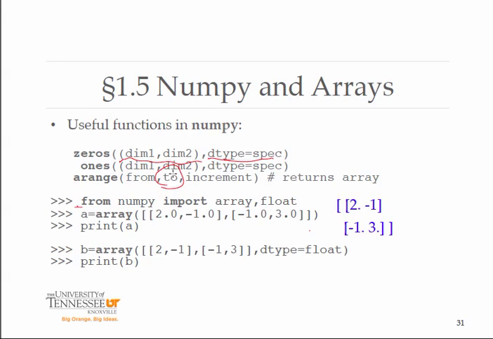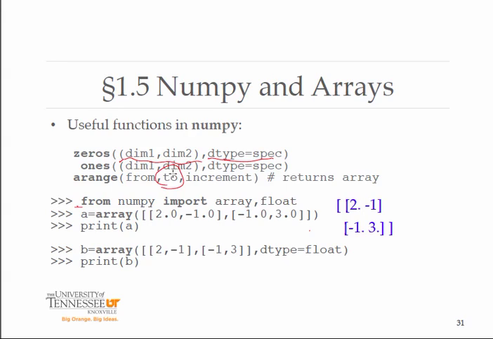So if we use the from-import structure for getting the particular functions that we need out of Numpy, we could import array and the float function, which is a way of being able to specify floating point values for an array.